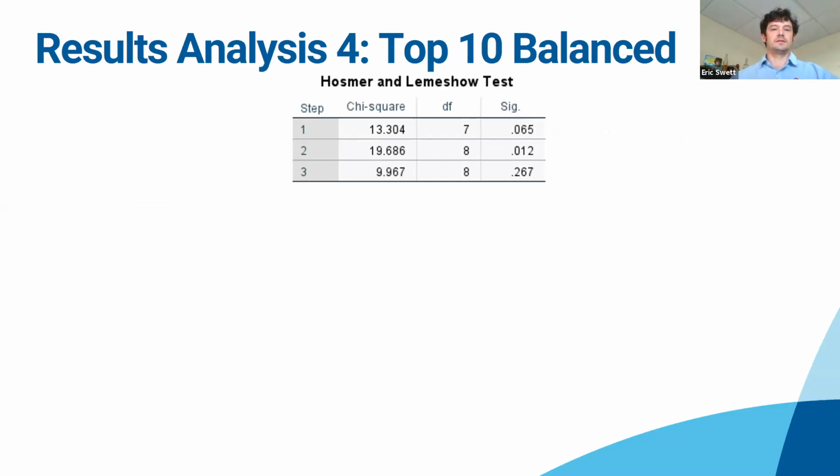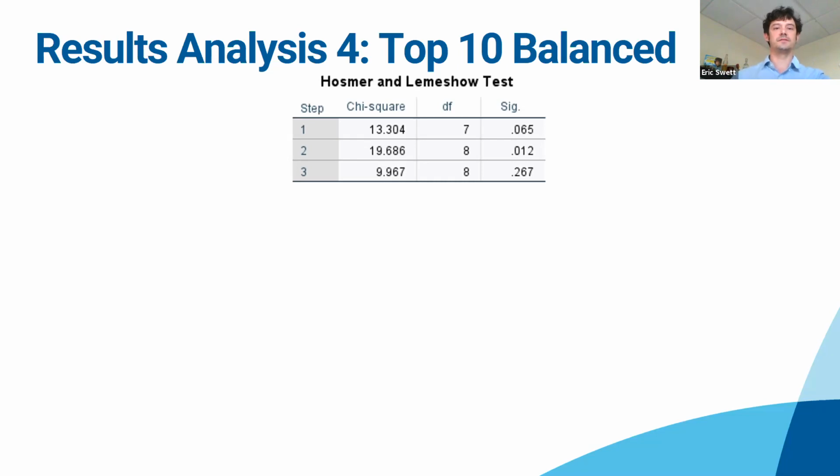So the next method was the forward likelihood ratio. What this did is actually step through three different models as opposed to just one. In the first model, the statistical significance was great, less than 0.1 at 0.065.